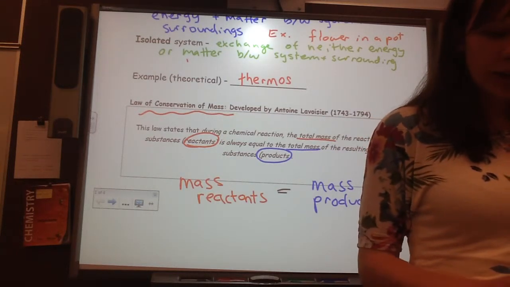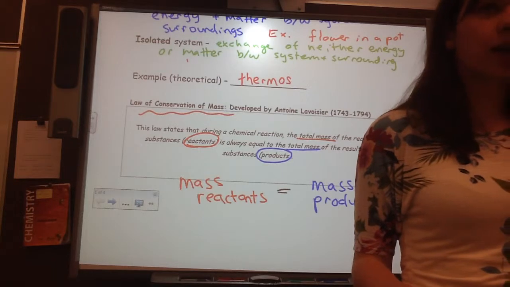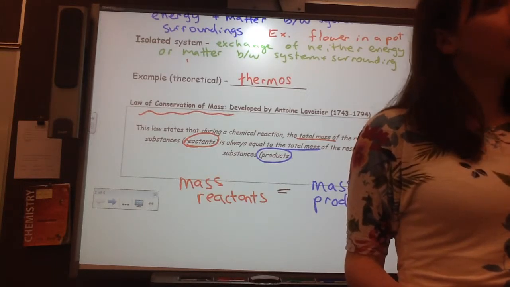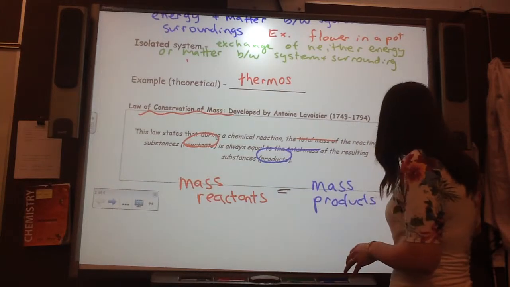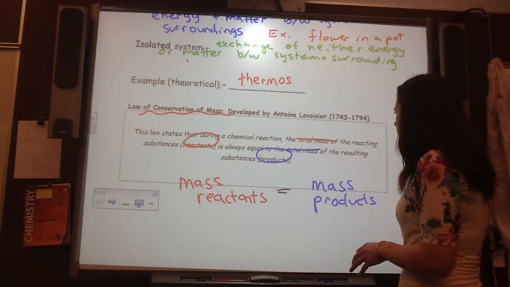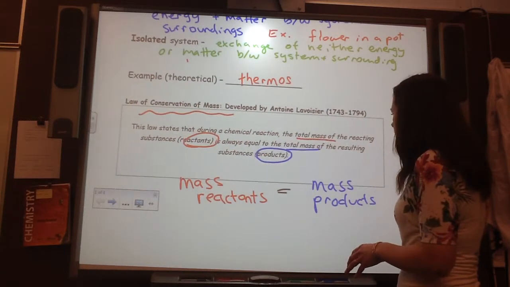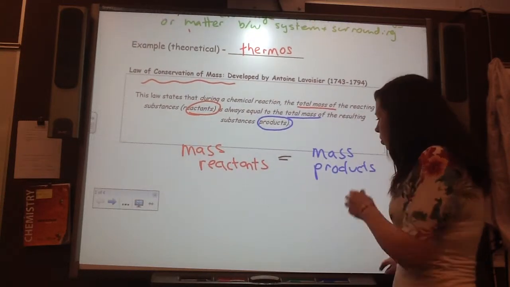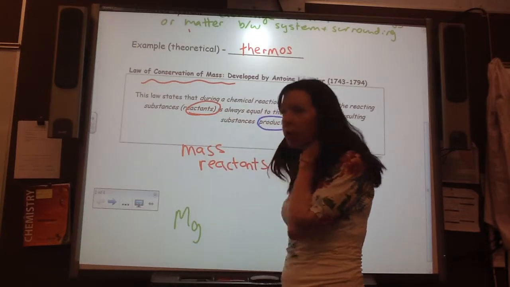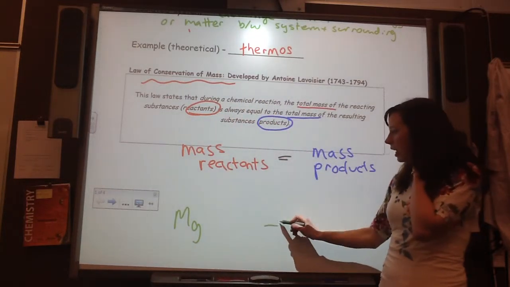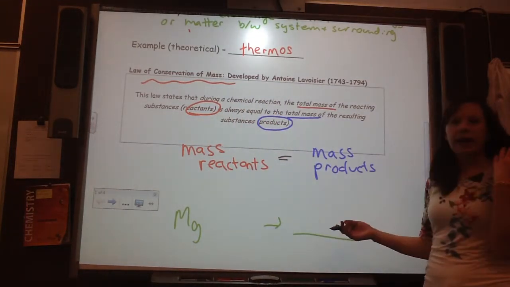What's the one that I do in Chem 20? Where I burn magnesium. So say I take magnesium, it's a reactant, and I burn it. And I end up with a product, so I get ashes, right?